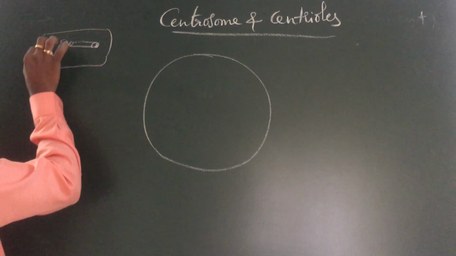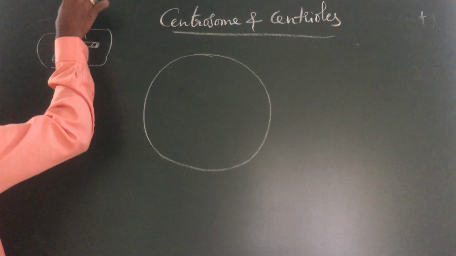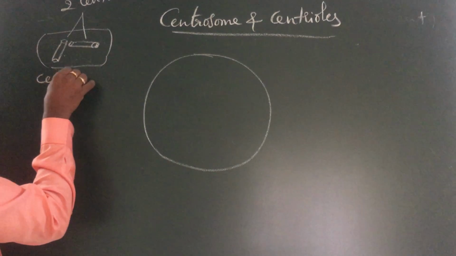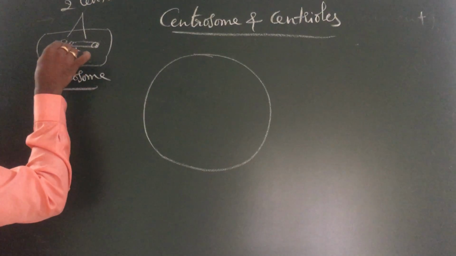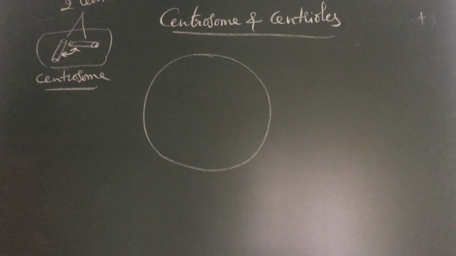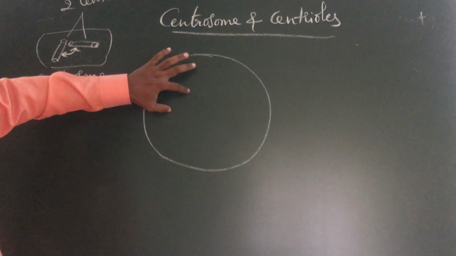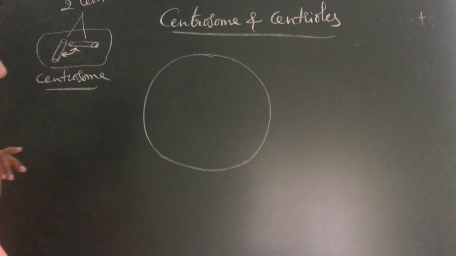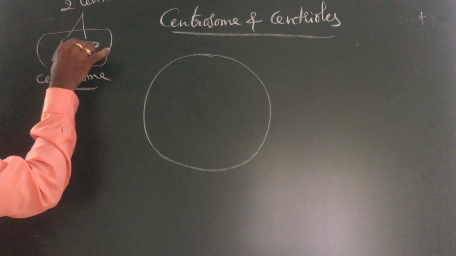This is the centrosome, having two centrioles at right angles to each other. Okay. Each one, how it is observed, we are discussing in this particular picture. These are cylindrical structures having microtubules.